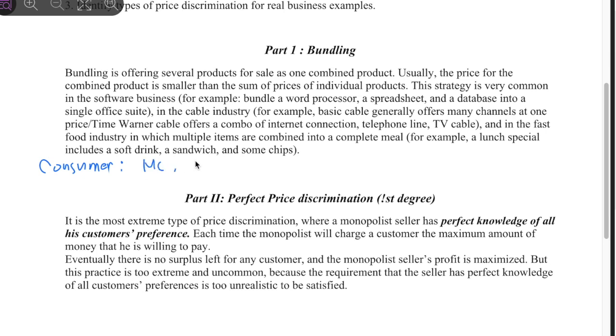All he wanted was a burger, so his budget was $7. But after all, he bought a meal and spent $8. So what was the disadvantage to this consumer? Although he ate a little bit more, $1 was spent in excess of his expectation.